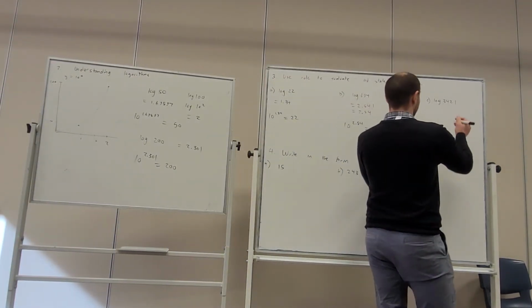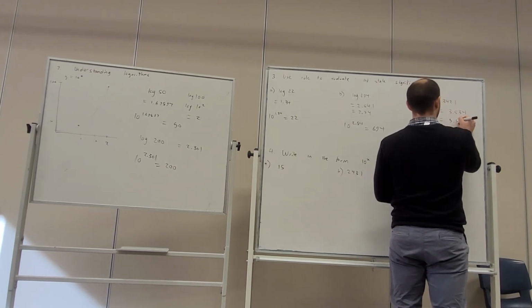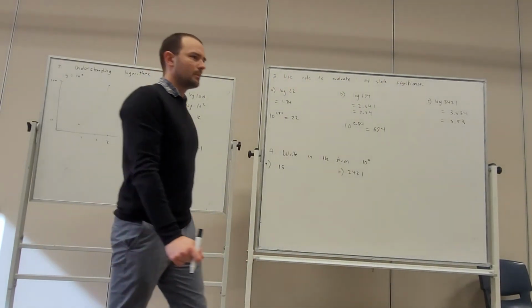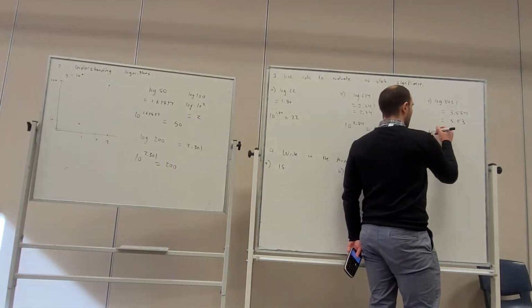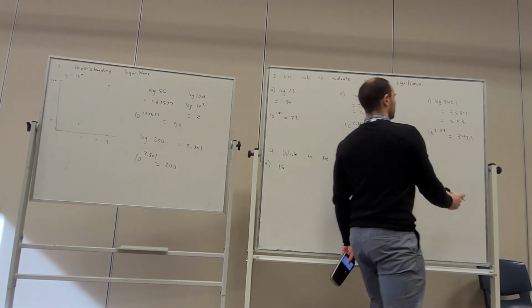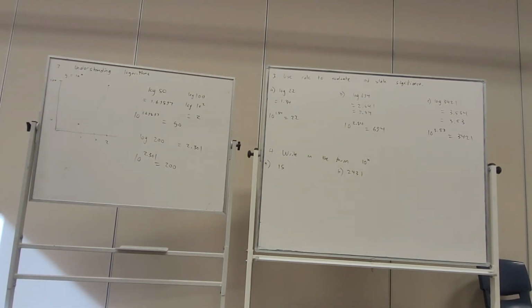We've got 3.534, which is 3.53. What does this number mean? It means 10 to the power of 3.53 equals 3,400. So the calculator has done that for us.